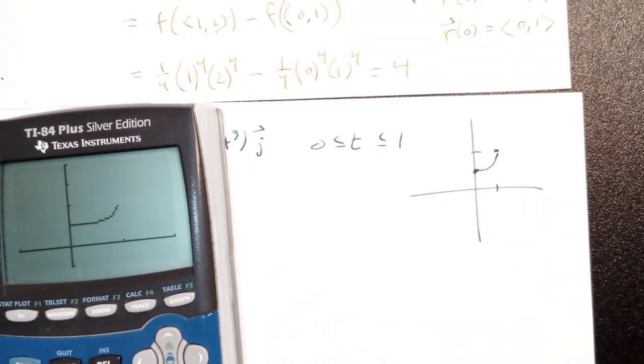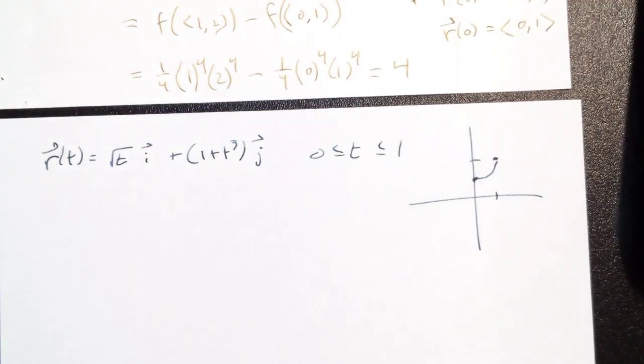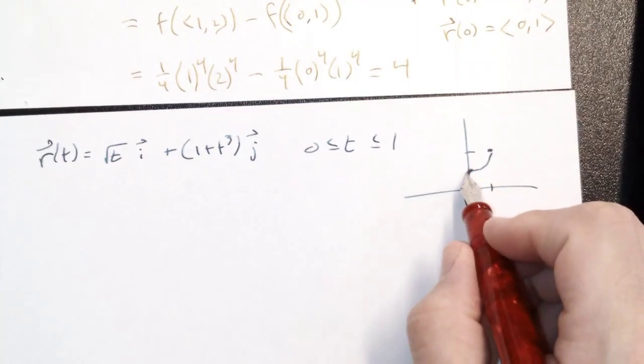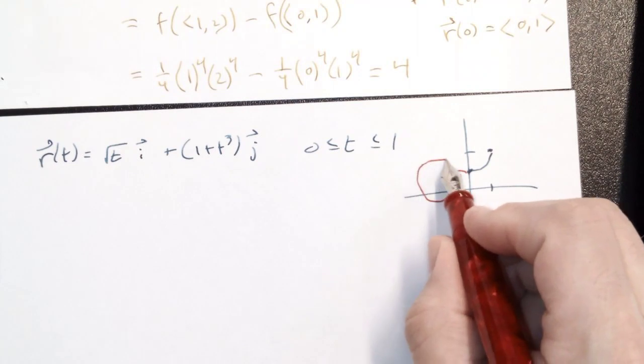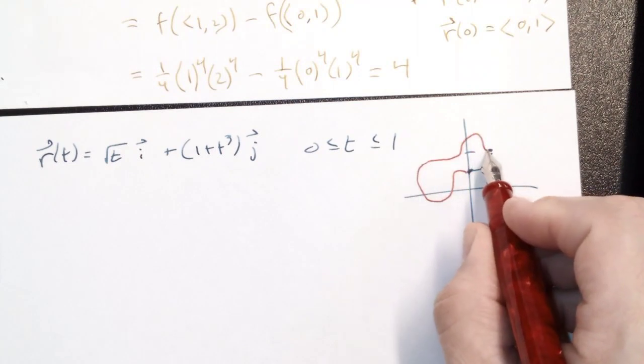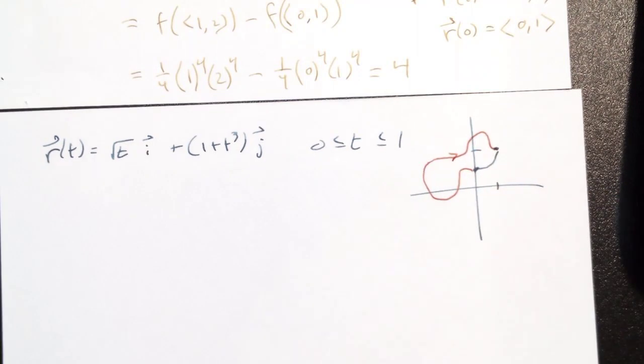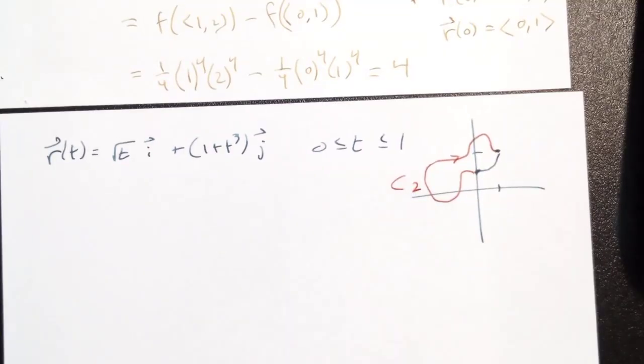What if I give you a different curve? Ready? Here's a new curve. I want to do the same integral, but now on a new curve, and that curve is going to look like this. I'm going to call this curve 2, and the one we started with curve 1.